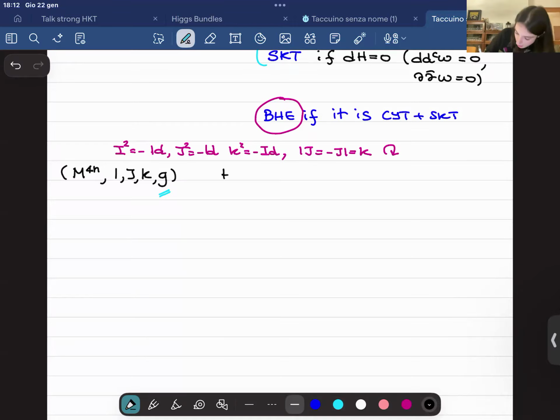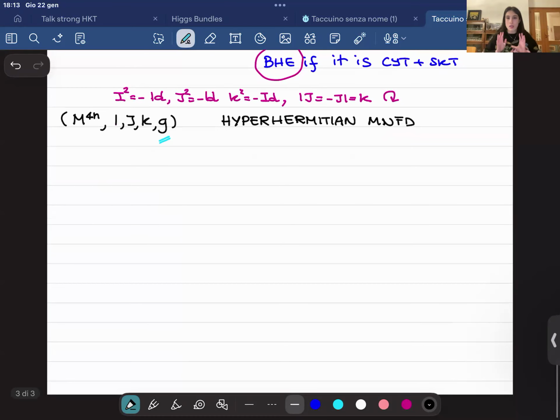So this is just a hyperHermitian manifold. Whenever I have a hyperHermitian manifold, I can always cook up a (2,0)-form, which will always be called by capital omega in this talk.